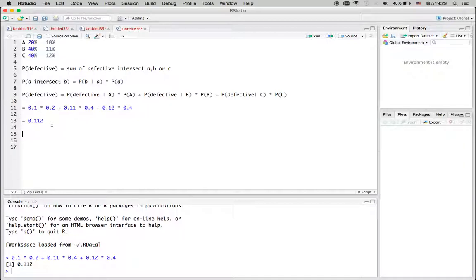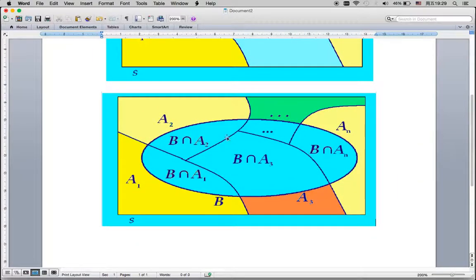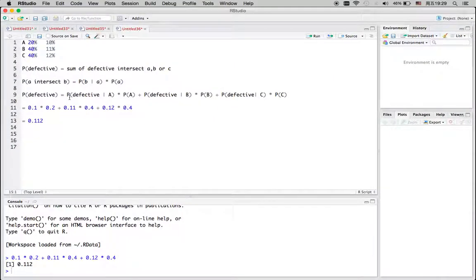So the defective will be event B here, and A_i represents the products that the company produced. Using the multiplication rule of probability, we expand the probability like this, and then we can find the probability of defective products in this company.